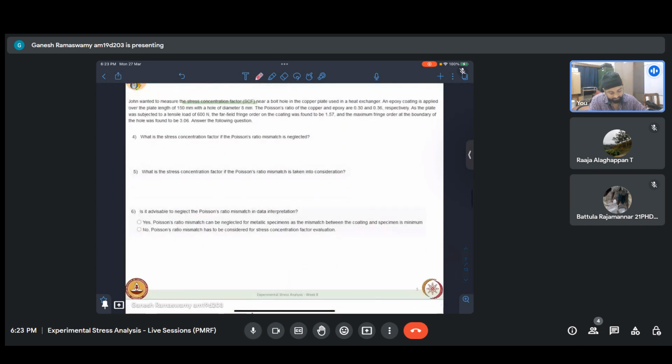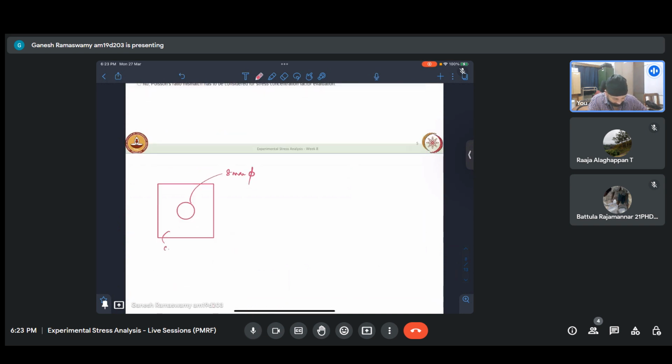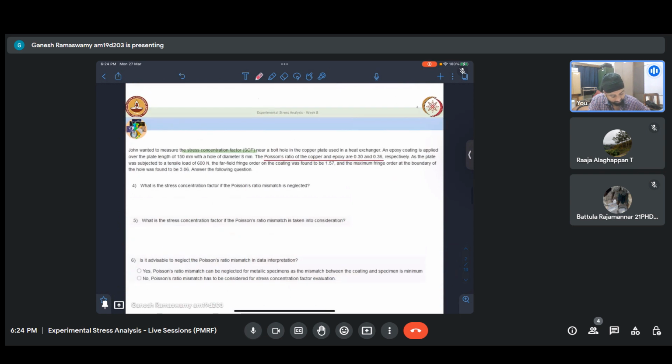Okay. So the Poisson's ratio of copper and epoxy are 0.3 and 0.36 respectively. So essentially this is made of copper, which has a Poisson's ratio of 0.3. So what we have is mu specimen is 0.3 and the coating is epoxy.